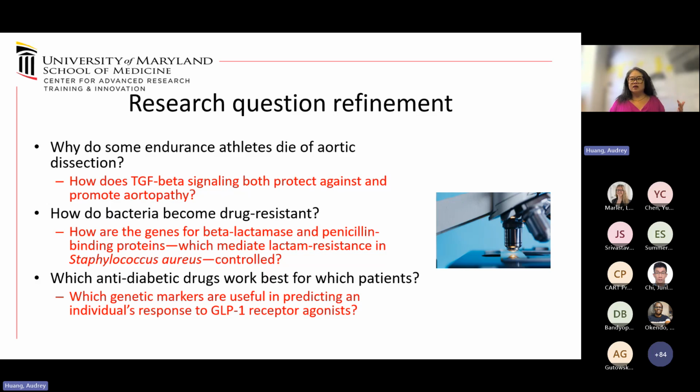And then anti-diabetic drugs, well, are there genetic markers? Can we start looking at specific players in the GLP, GIP, insulin, and all the regulatory pathways in metabolism to predict which drug works best on a patient before they spend the money, $1,000 a month or something, to pay for these drugs?